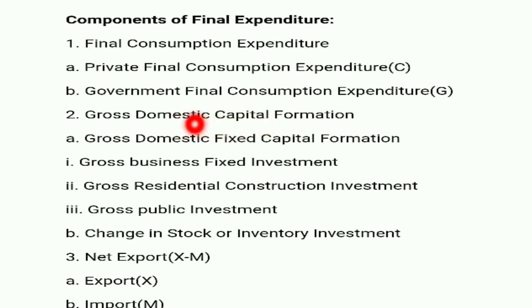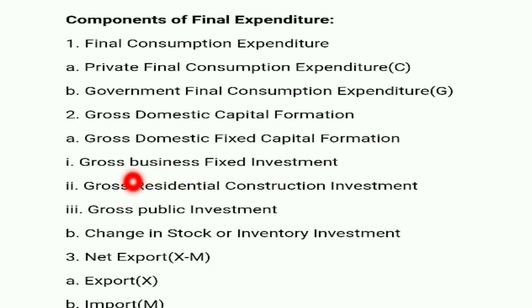Gross domestic capital formation is the sum of gross domestic fixed capital formation and change in stock. Change in stock is change in inventories, or it is also called inventory investment. Gross domestic fixed capital formation includes three things. These are the investment by all the three sectors: household sector, producing sector, and government sector.